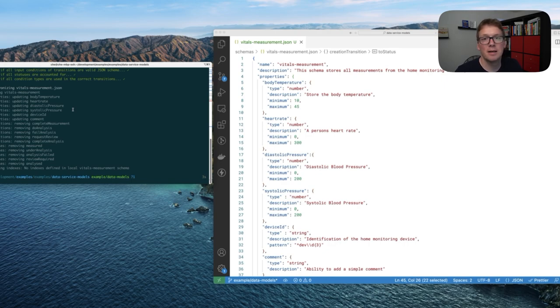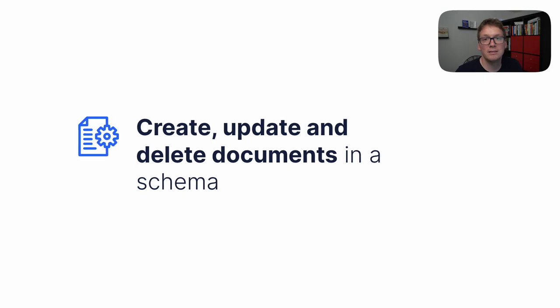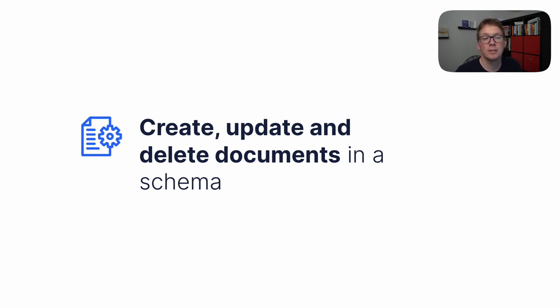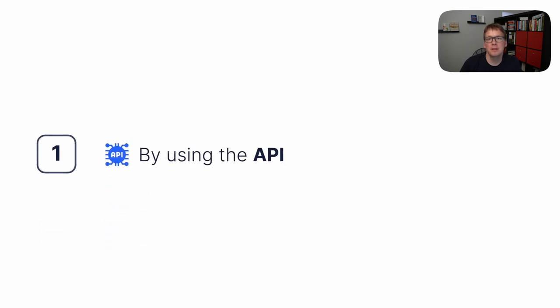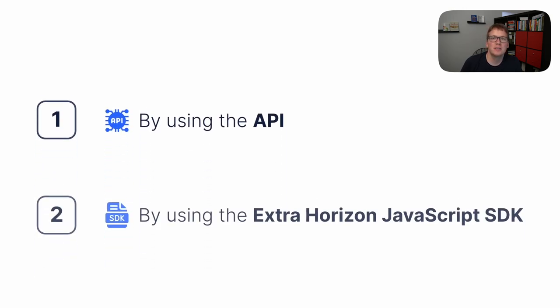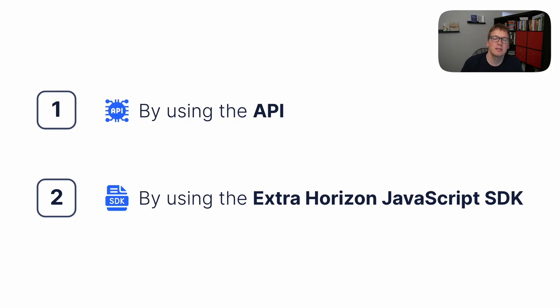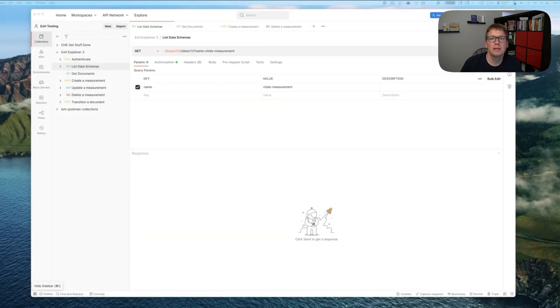And now the next step is to create and update documents. So there are two methods to handle data in the data service. The first method is by directly using the API, and the second method is by using the Extra Horizon JavaScript SDK. I will quickly show you both methods.